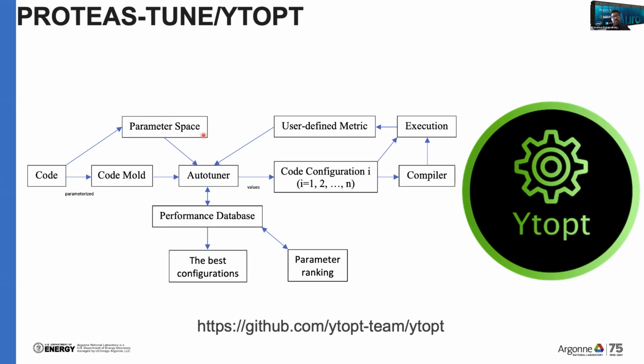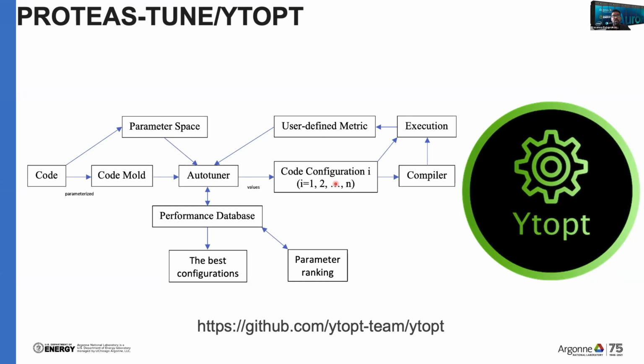The parameter space is the one that I just discussed, where we say what all the input parameters are. In matrix multiplication, unroll can go from 1 to, let's say, 30 for i, j, and k. That's a parameter space that defines all the possible parameters and the ranges of those parameters. Once we give these two, the autotuner will take control from that point.